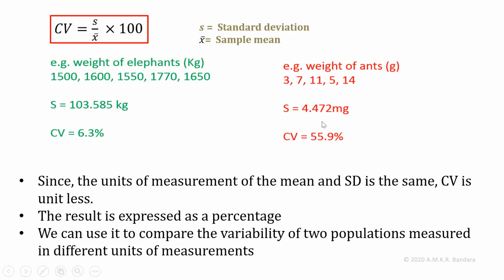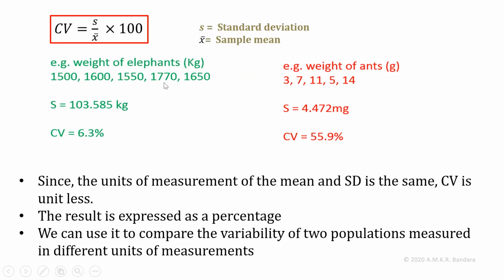And for the ant population, it is 55.9%. Now you can see clearly the ant population has higher variability in their weights compared to the elephant weights.